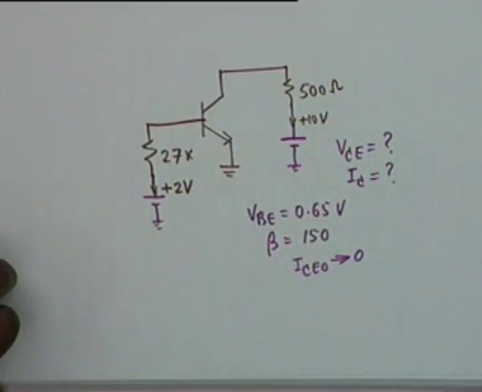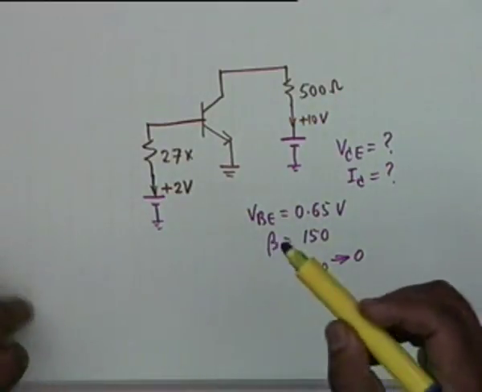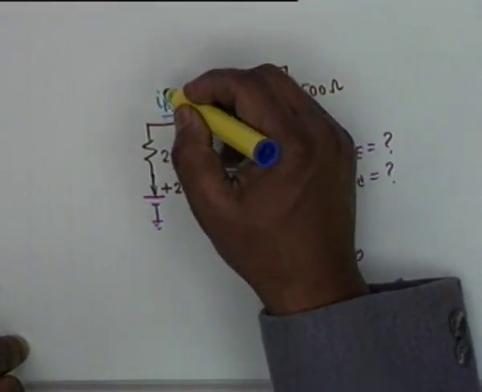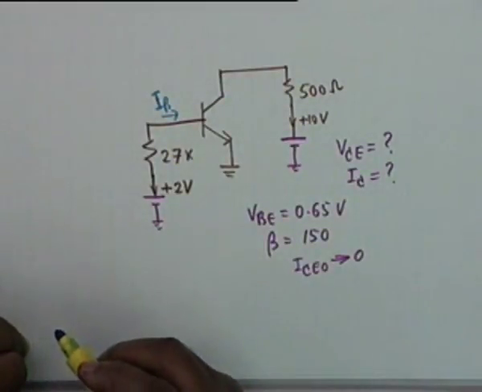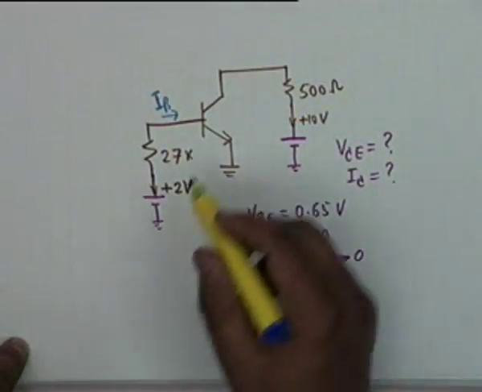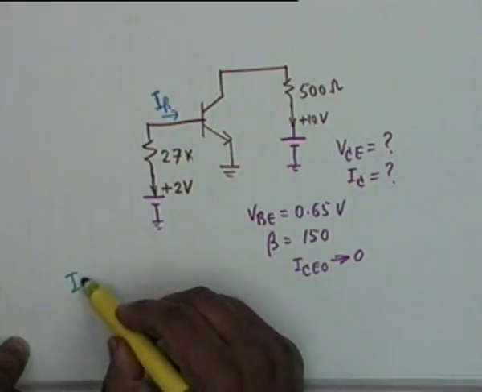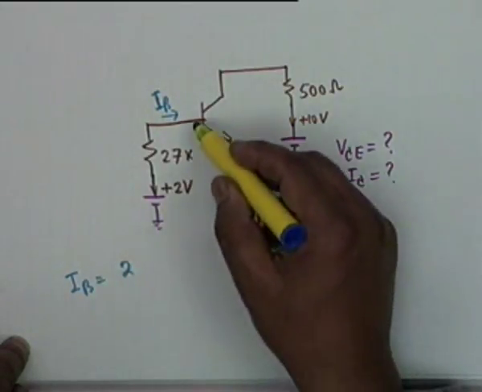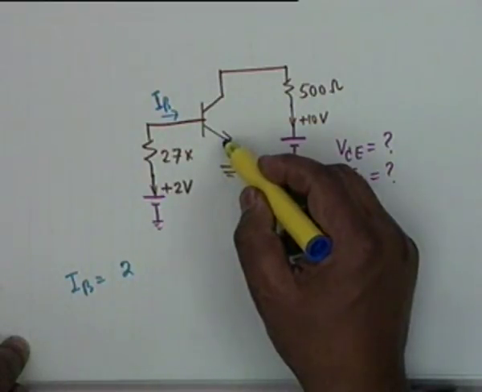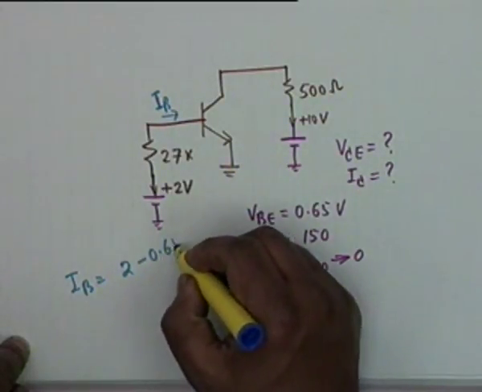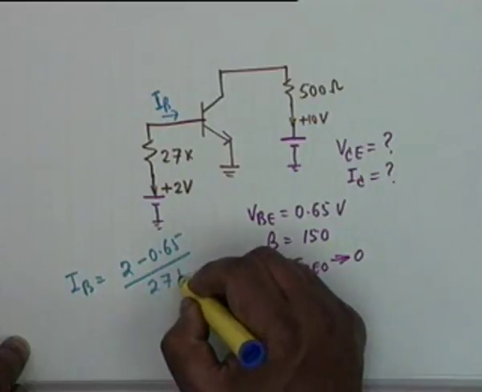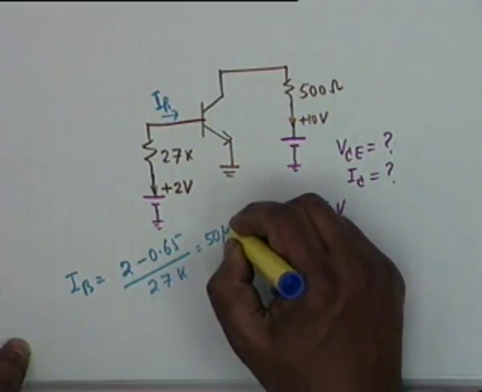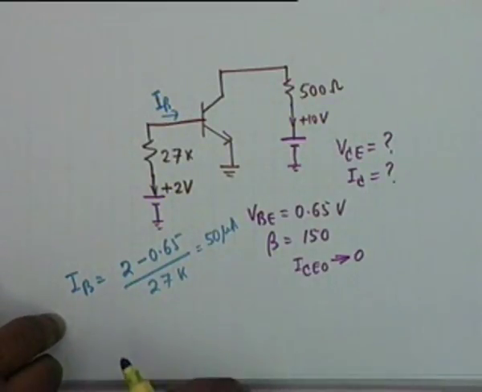To solve this problem, you first find out capital I sub B under DC conditions. Capital I sub B would be equal to 2 volt minus 0.65 divided by 27K, and this comes out as 50 microamps.